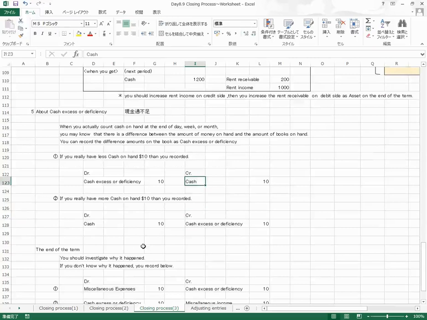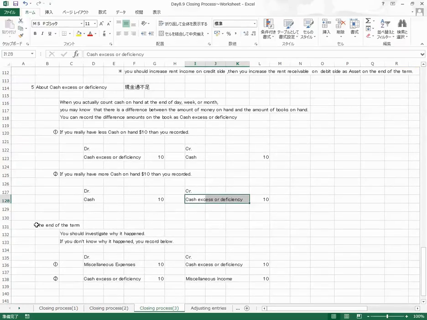That is a rare case. So cash increases, and you put cash on the debit side. On the opposite side, the account title cash excess or deficiency, and the amount. That is the adjustment between cash on hand and cash on the book.